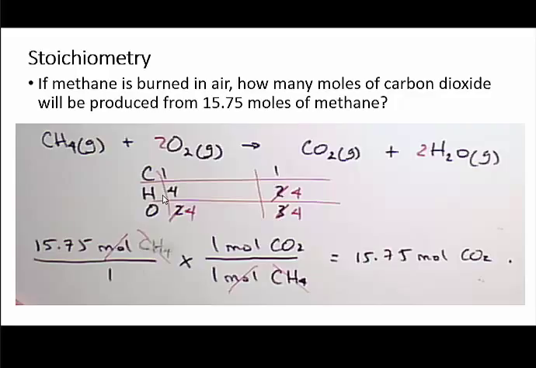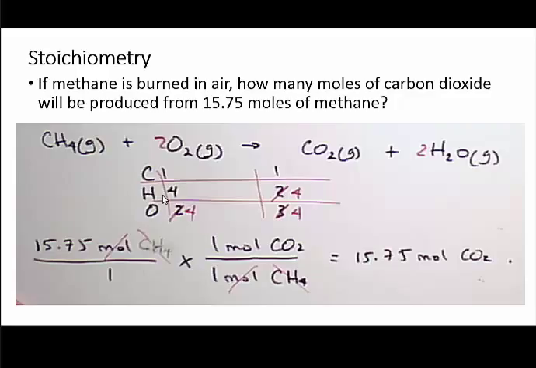Look, anytime, just remember this now. This is the basic idea behind stoichiometry. Anytime you go from one chemical species to another, you've got to go through Moleville. You with me? Did y'all hear what I said? You got to go through Moleville. All right? You got to convert. You got to go from moles to moles.